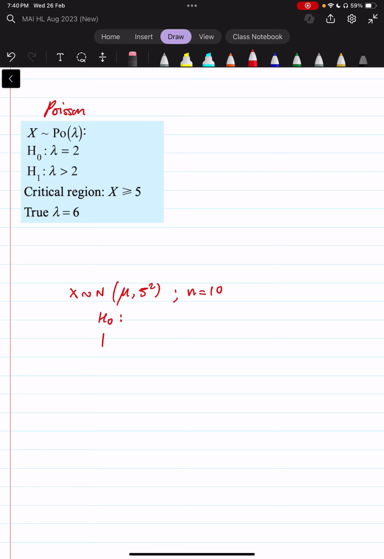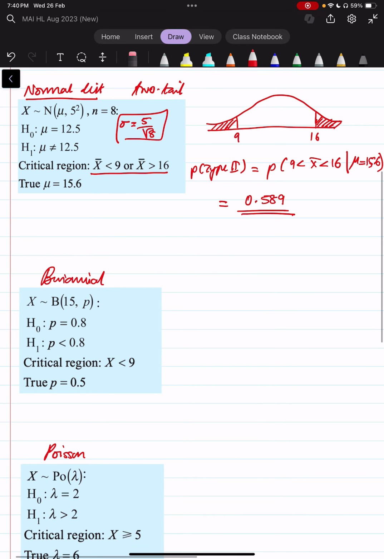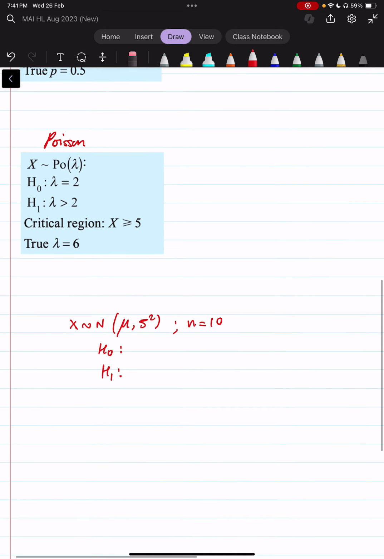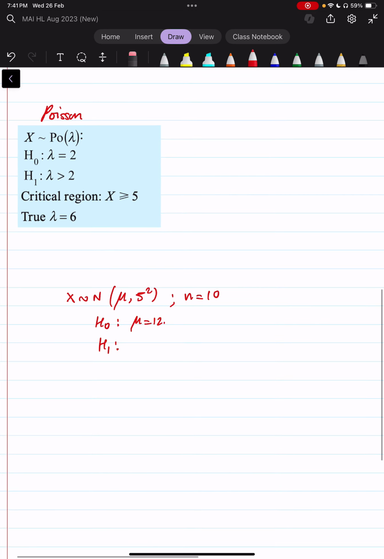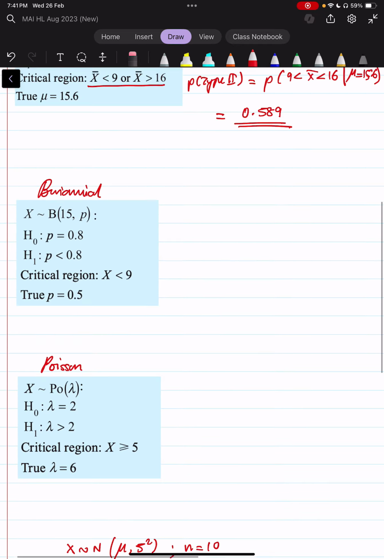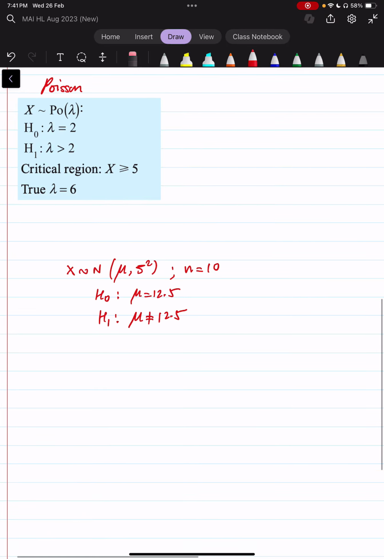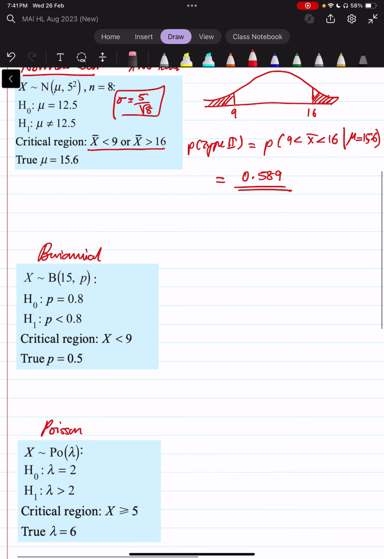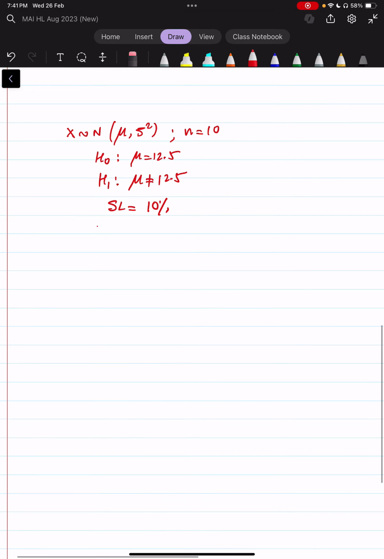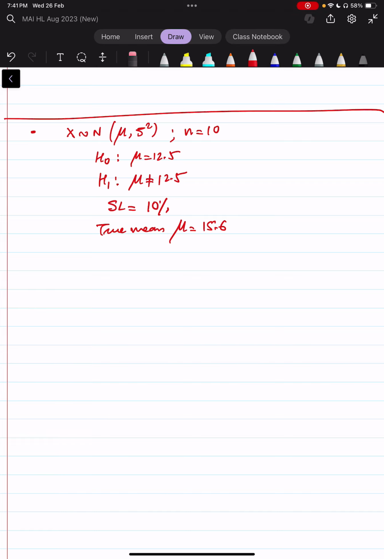Your null hypothesis is mean equal to 12.5, and the alternative hypothesis is mean not equal to 12.5. But instead of giving you the critical region, they give you the significance level. Suppose they say the significance level is 10%, and the true mean is 15.6. So in this case, you don't know the critical region, but you know the significance level.